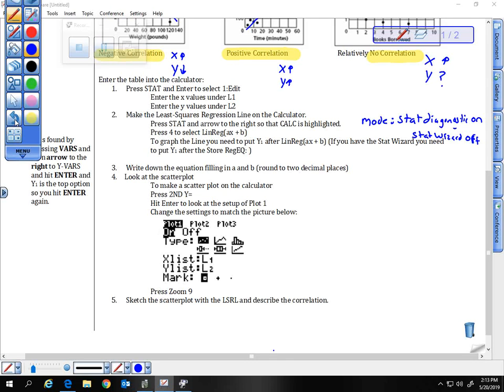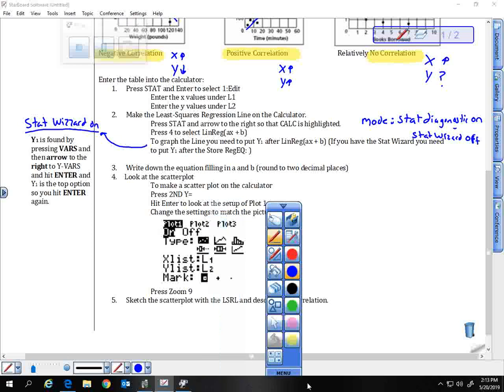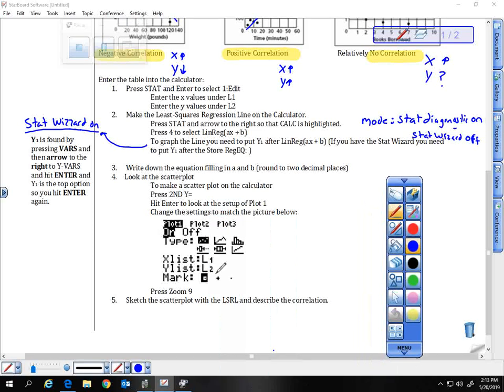All our teachers will have it on, and they have different versions of what you're going to use with the stat wizard on. Anyways, the directions are right there for when you should use it when the stat wizard is on. Like I said, all these directions will be in a flowchart on the next page.